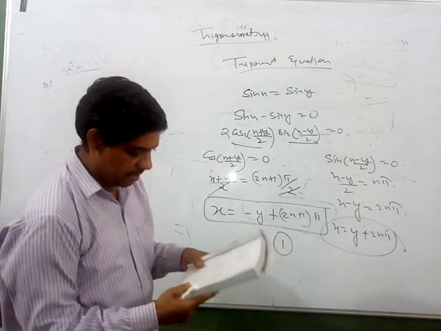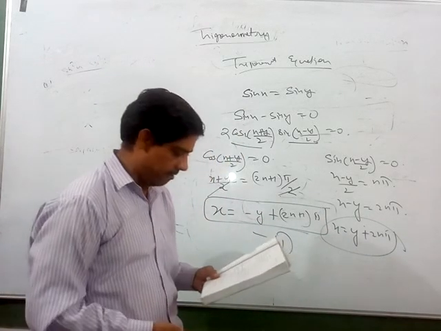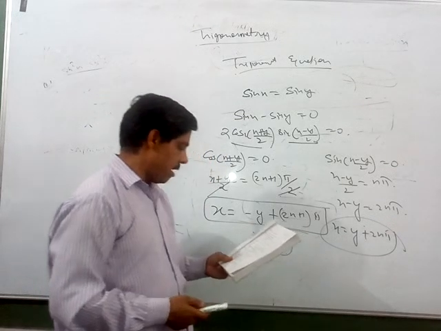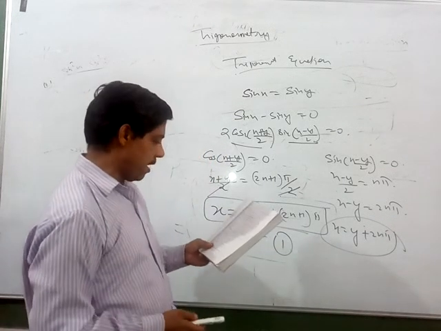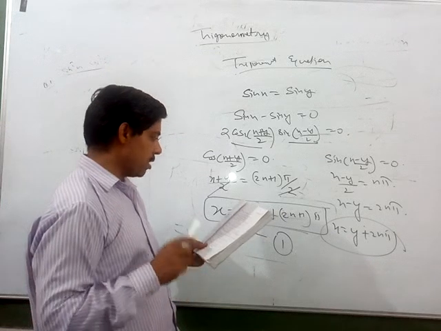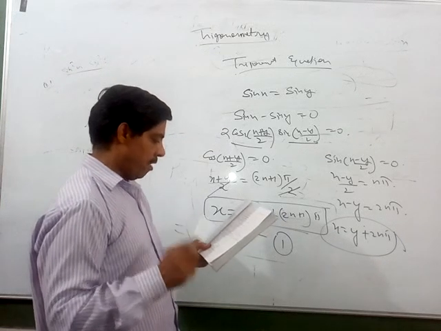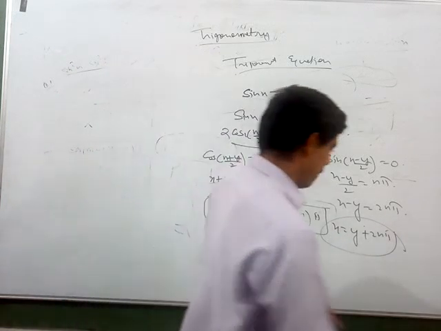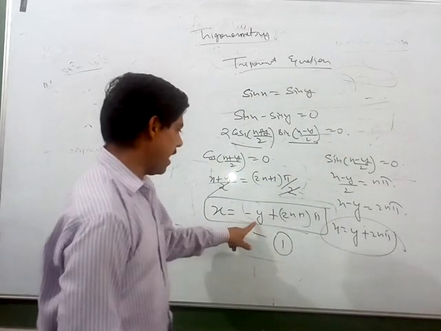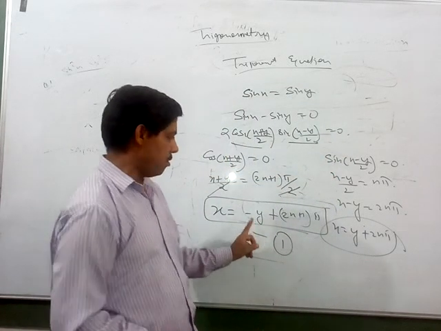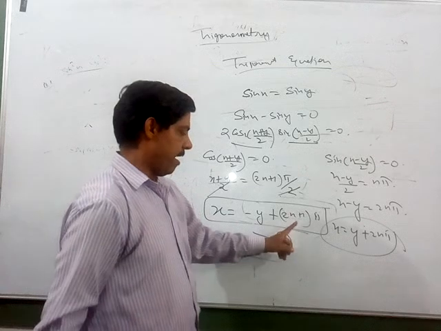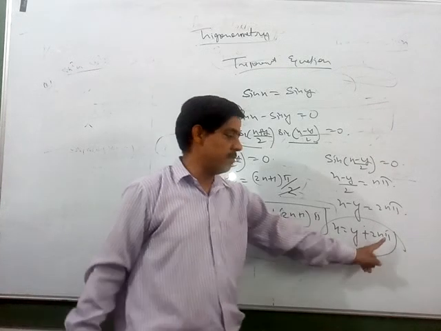Okay. That's right. That's given in the book on your page number 75 if you read it. And hence x is equal to n pi plus (minus 1) to the power n y, or this is the important step. Now it is sometimes negative. y is negative when this number is odd, and y is positive when this number is even.